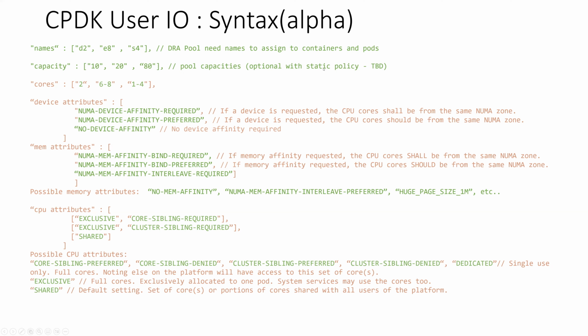Another way to deal with that is if the shared pool can dynamically shrink. If we don't have a capacity field, we could initially reserve the shared pool as all available cores on the platform.